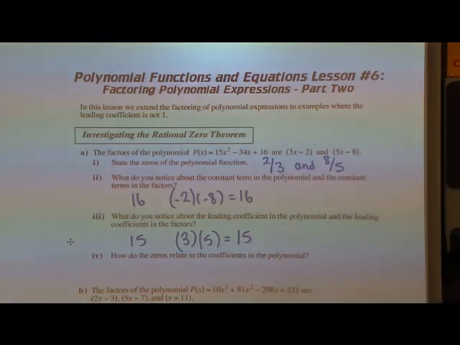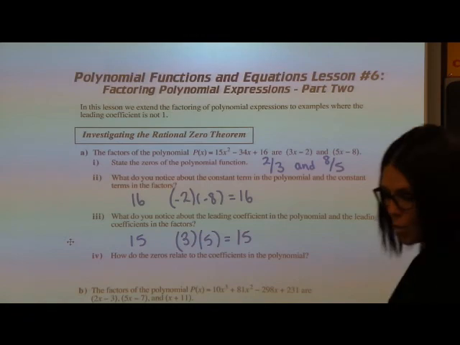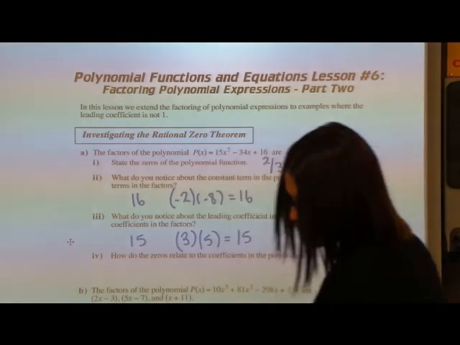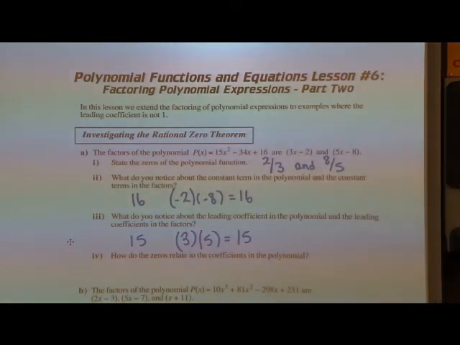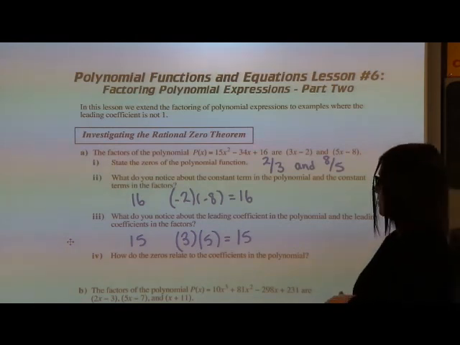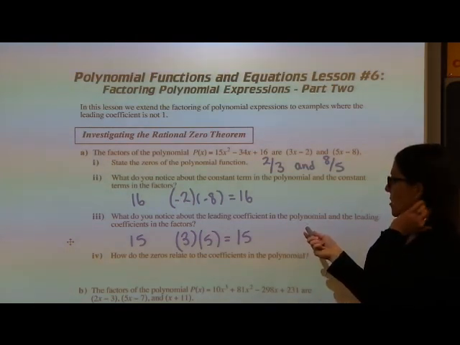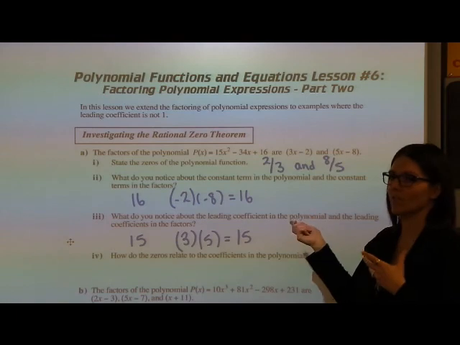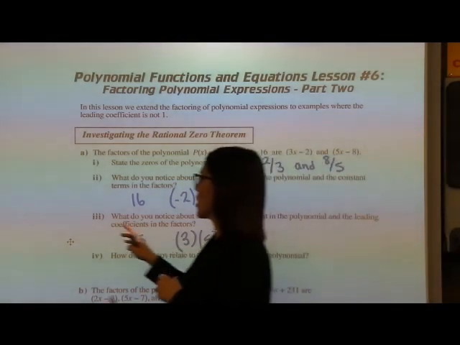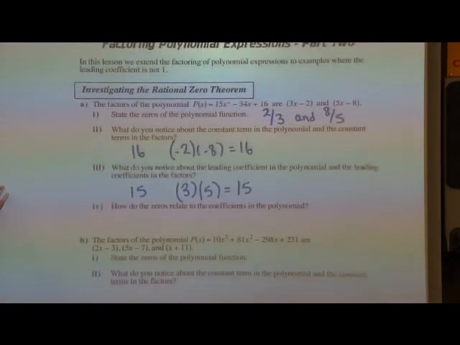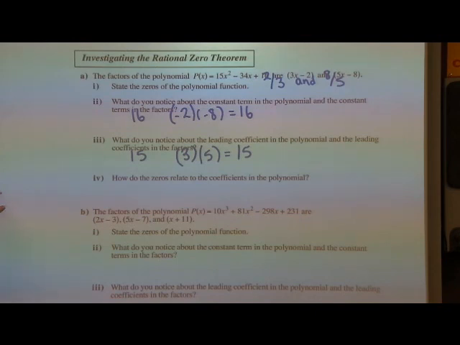Okay. And in part 4, it says, how do the zeros and the coefficients relate to the polynomial? So how do the zeros relate to the coefficients? So if I look at my two numbers, my 2/3 and my 8/5, how do they relate?